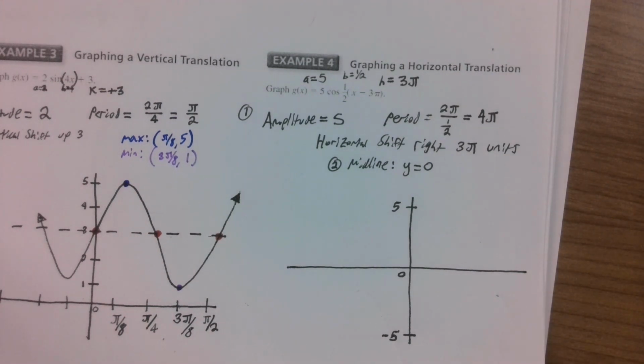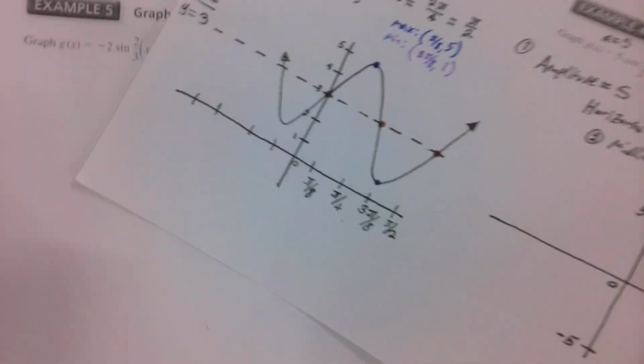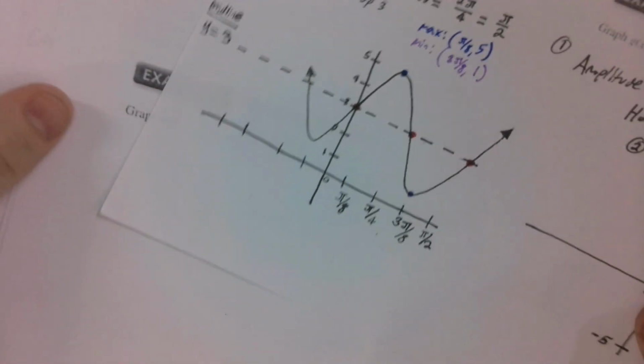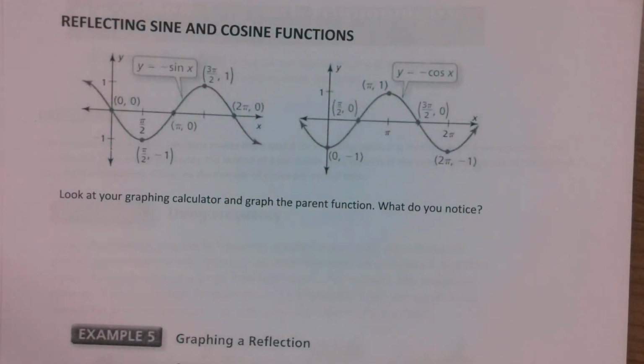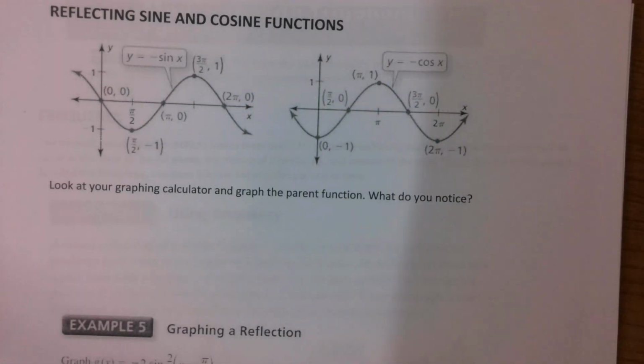Whew boy, that was a bit of a tougher one. So let's actually go to the last page here of our notes. The last page of our 9.4 notes talks about reflections, and I've got some good news for you. Reflections work the exact same way they always have, with no differences.